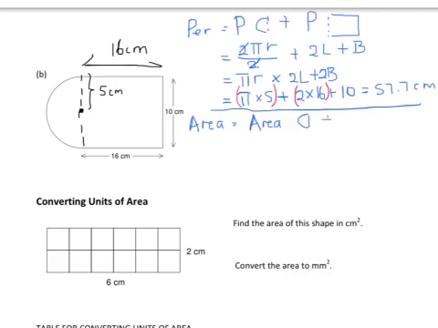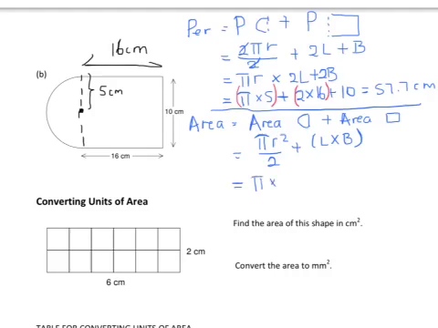Now to find the area, it's the area of the semicircle, the half circle, plus the area of the rectangle. The area of the semicircle: pi r squared is the area of a whole circle, but we've got half a circle, so it's pi r squared over 2 plus L times B, the area of the rectangle. Notice how I always write my formulas before I actually start substituting in the values.